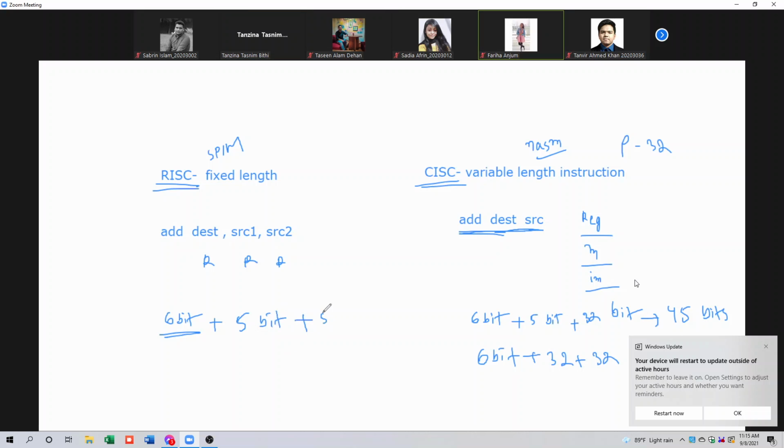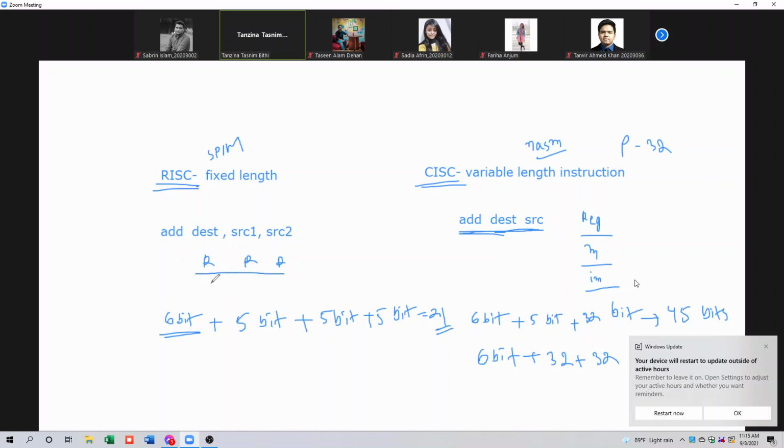So in total, how many bits are needed? 5 plus 5 plus 5, 15, 15 plus 6 equals 21. So for a particular RISC processor, if it uses this number of bits for translating the register addresses and the opcode, then for any instruction, the length will be 21.